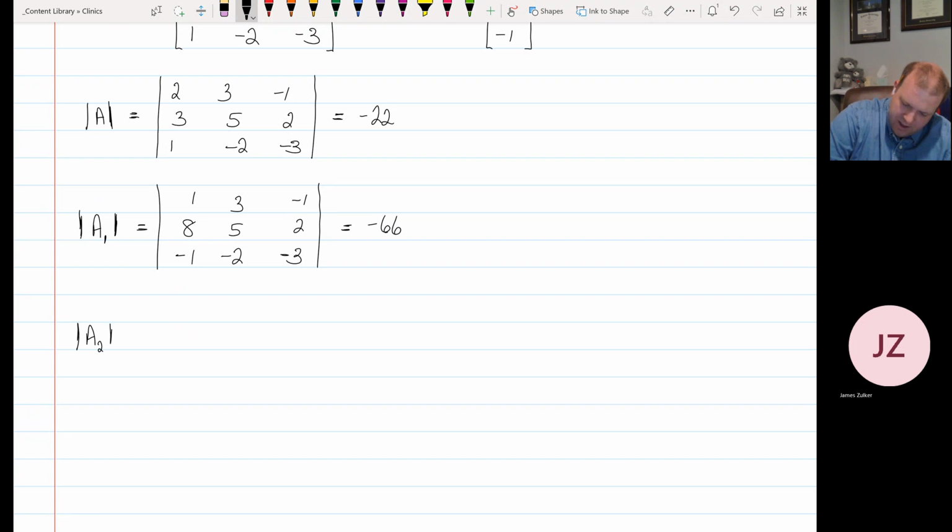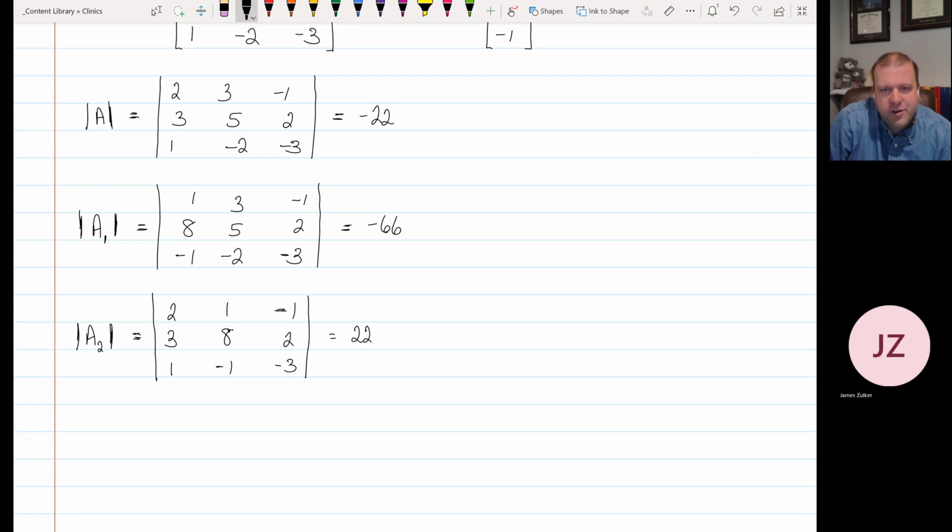Now we want the determinant of the matrix A2, so we replace the second column in A with our vector B. That would give us the determinant of 22.